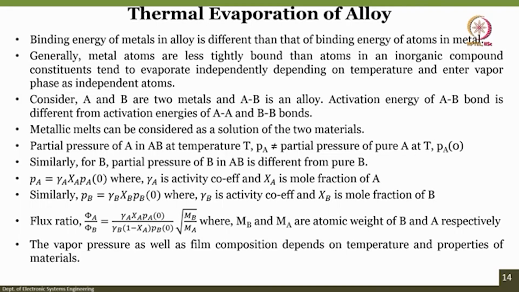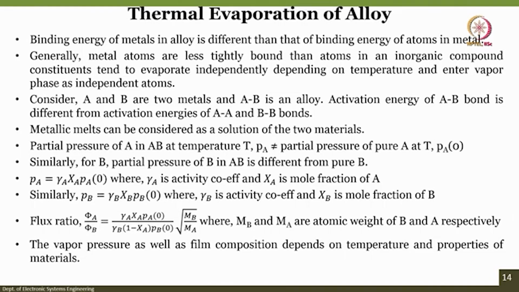Constituents tend to evaporate independently depending on temperature and enter the vapor phase as independent atoms. Let us take an example: A and B are 2 metals and AB is an alloy, a mixture of 2 metals. I hope you know what an alloy is. Now, the activation energy of the AB bond is different from the activation energy of AA or BB bonds, you agree with that.